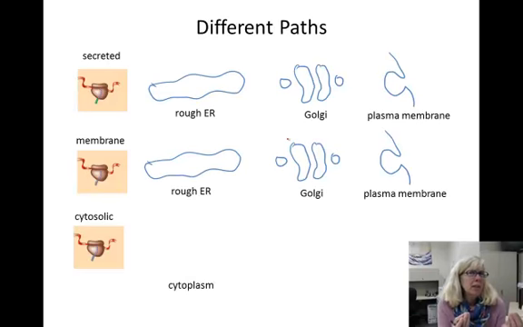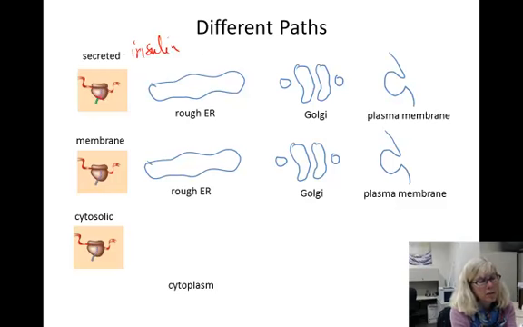So now you should begin to understand that different proteins start in the cytoplasm, but if they have a signal peptide, they end up in different places inside and outside the cell. So let's do this again with 3 examples so that you have a chance to follow what happens to 3 different sorts of proteins. A secreted protein like insulin is going to have a signal peptide when translation begins.